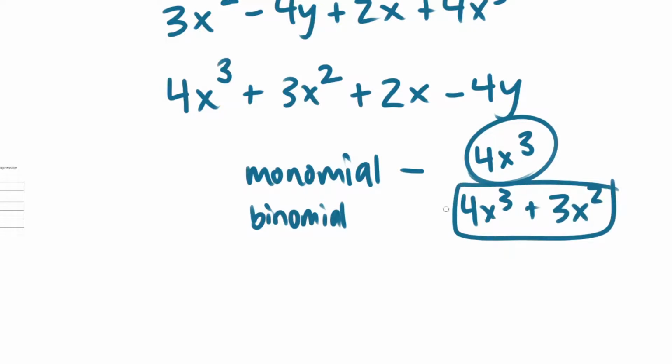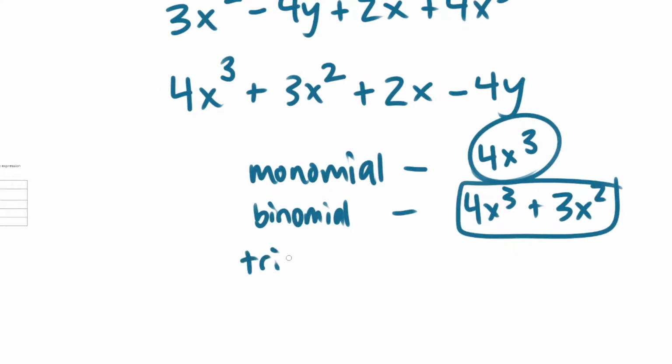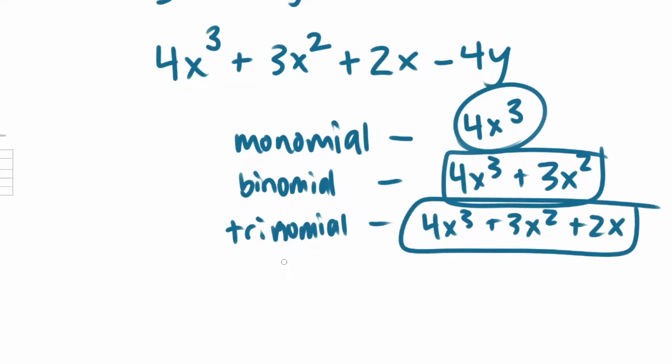This would be a binomial. A trinomial has 3 terms, so something like 4x cubed plus 3x squared plus 2x. This would be a trinomial. And a polynomial is anything that has 4 or more terms.